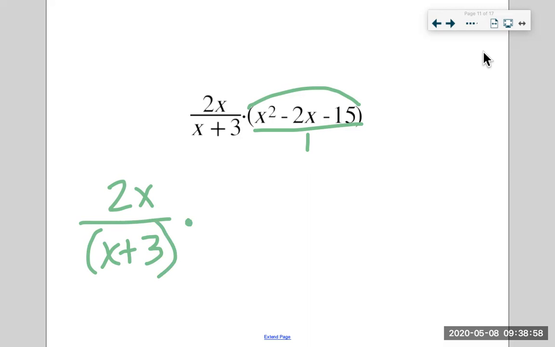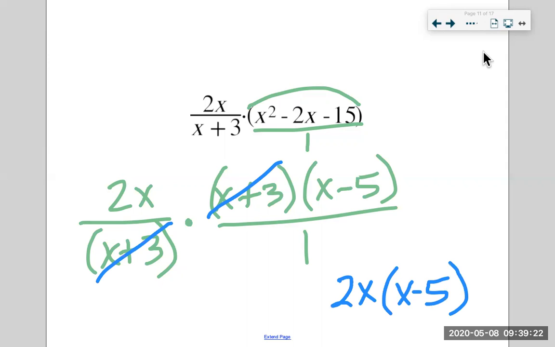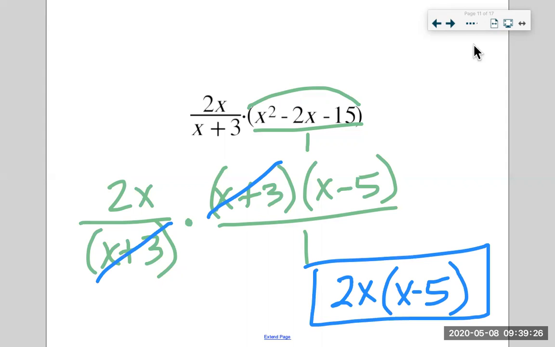But x squared plus 2x minus 15 could be rewritten as x plus 3 times x minus 5 over 1. And then hopefully you can see the common factor here of x plus 3. And so then we're just going to multiply. And it's going to be 2x times the quantity of x minus 5. And then the denominator is just a 1. So that is the product.